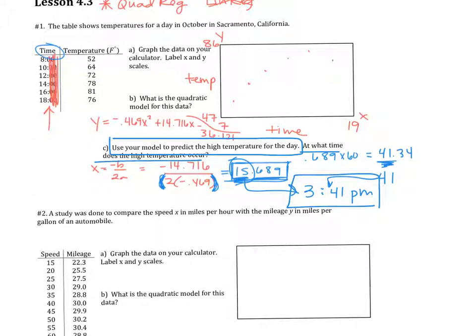The high temperature is at 3:41, yes. Here's what we have to figure out, okay? At 3:41, what is your temperature? Means we're taking this 15.689 because you don't want to try to plug 341 into your problem. 341 is the same as 15.689, right?